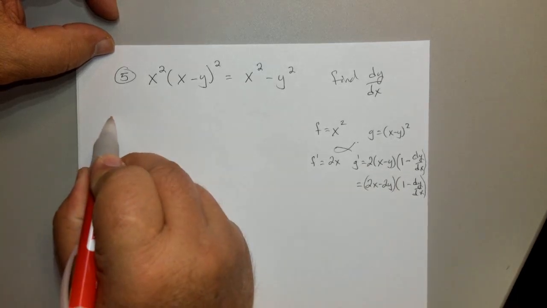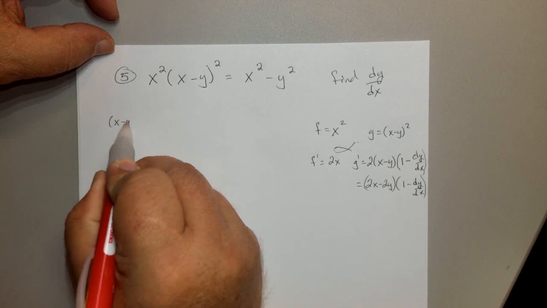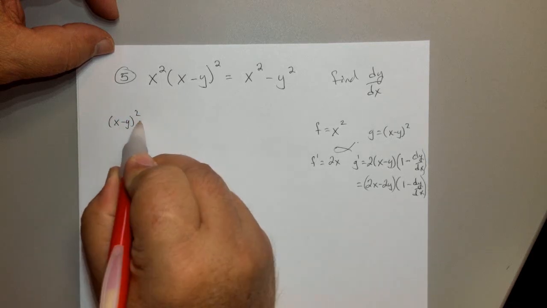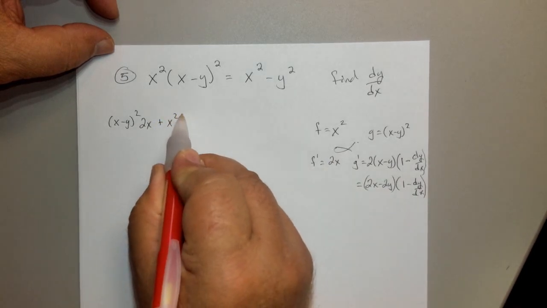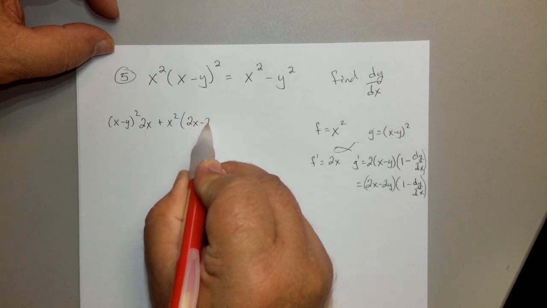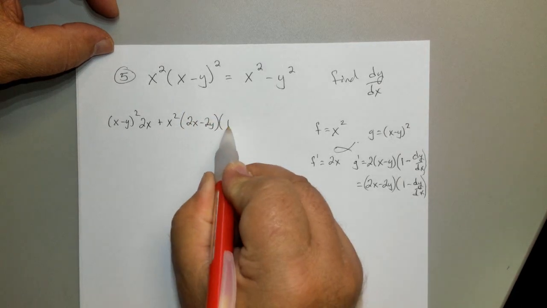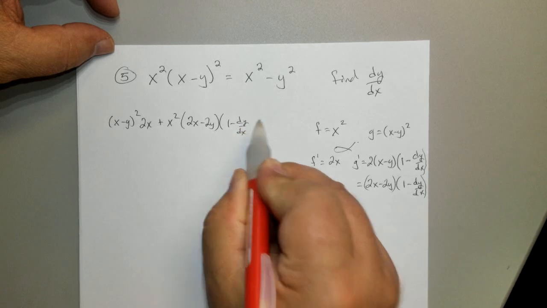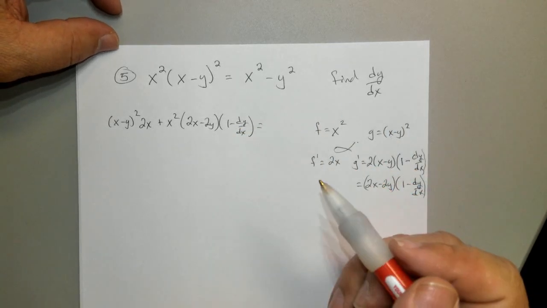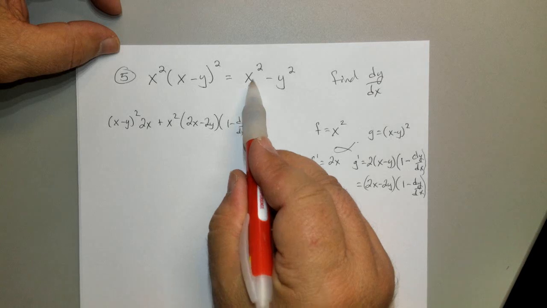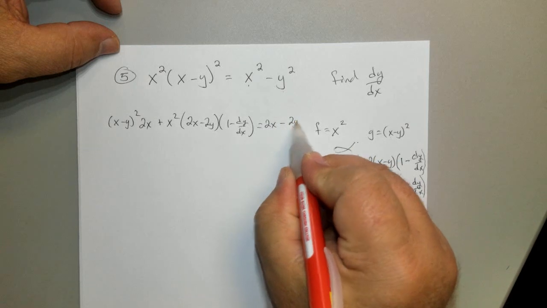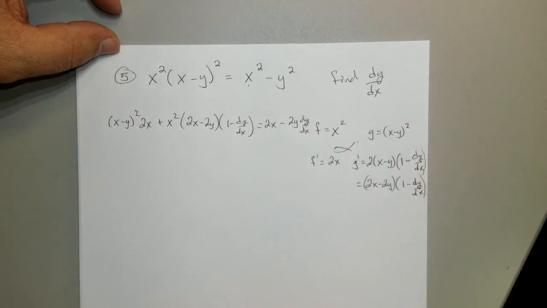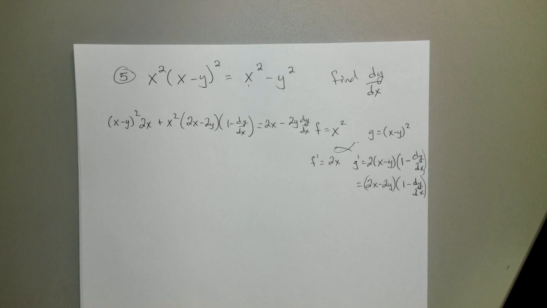This one's going to be (x minus y) squared times 2x plus x squared is (2x minus 2y) times (1 minus dy/dx) equals the derivative of x squared is 2x. Derivative of y squared, 2y dy/dx. So far, so good?